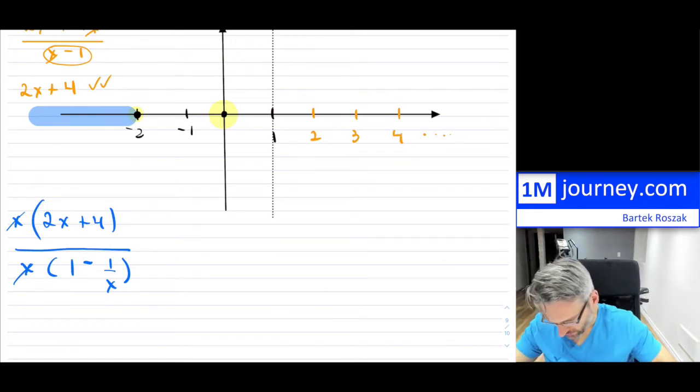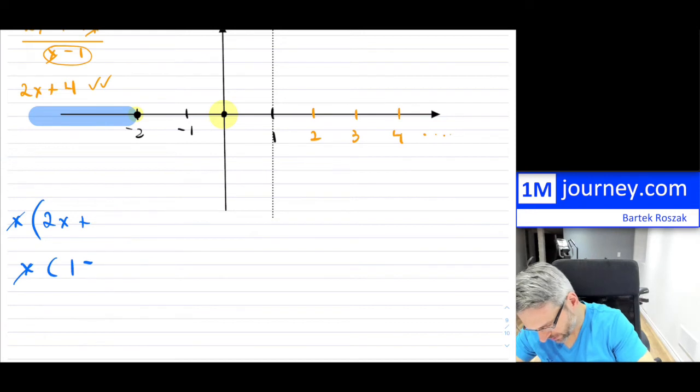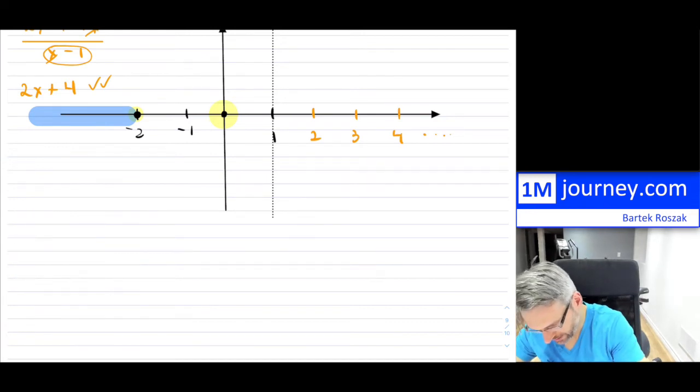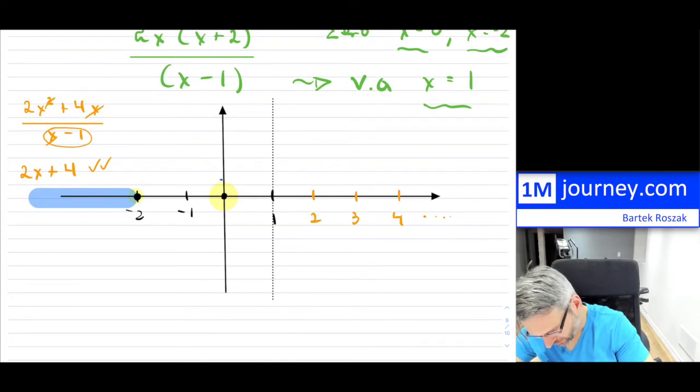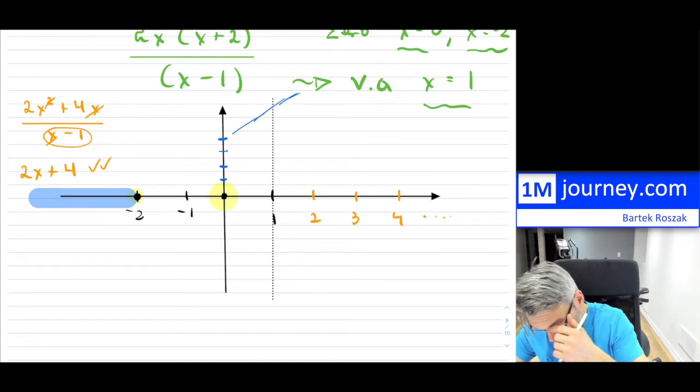So I have to draw that slant asymptote. It's 4: 1, 2, 3, 4. So it's going to go through here. Because I'm just sketching, I know that it's going to go off. It's going to be something like that. I just don't know, does it pass through that?